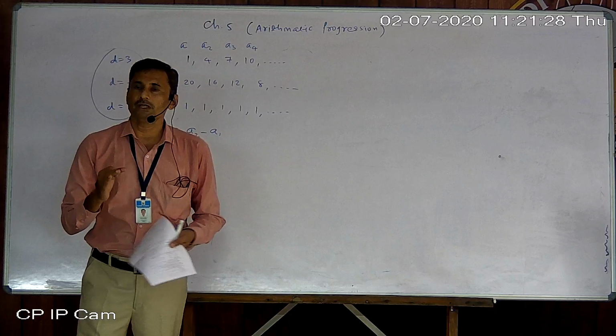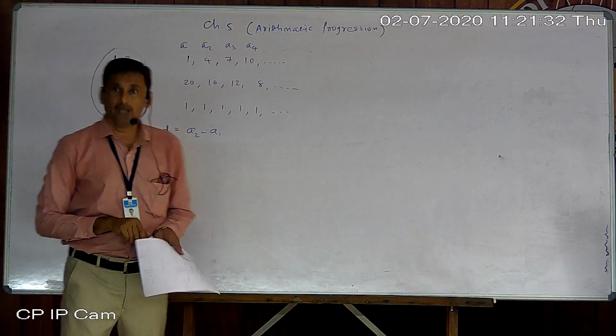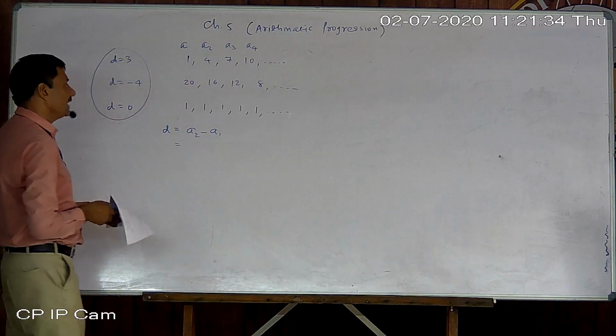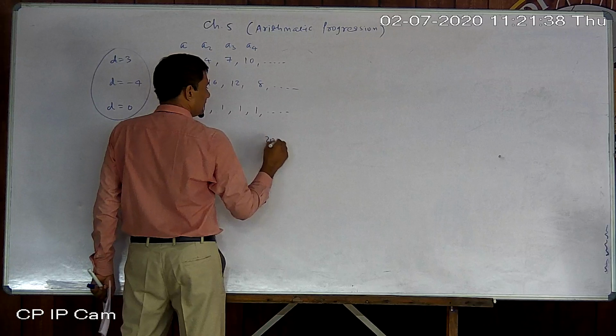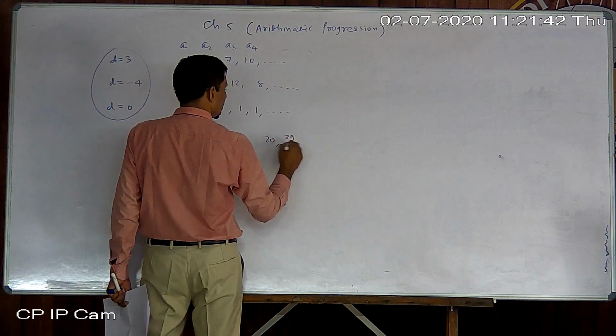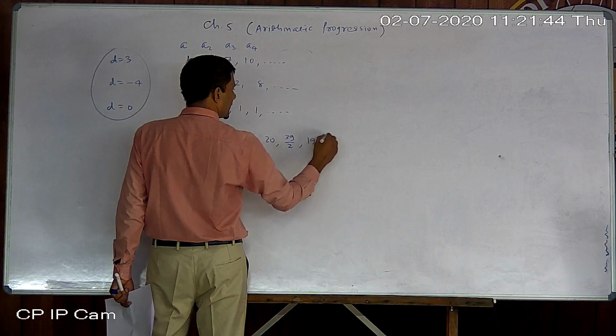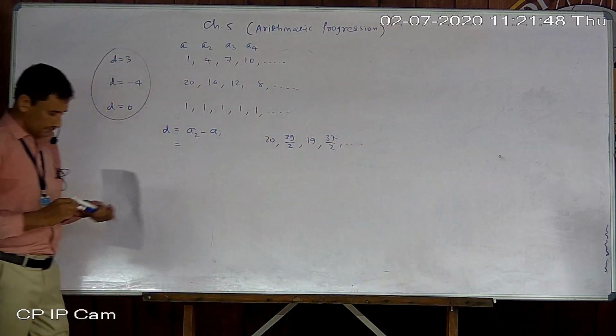Okay, sometimes the difference in an arithmetic progression need not be an integer. It can be a decimal also, means a fraction also. I am giving you an example of that type. Suppose 20, 39 by 2, 19, 37 by 2. This is also an arithmetic progression.